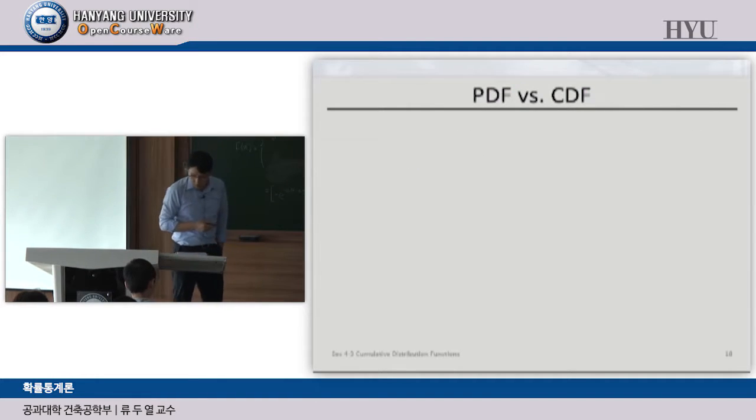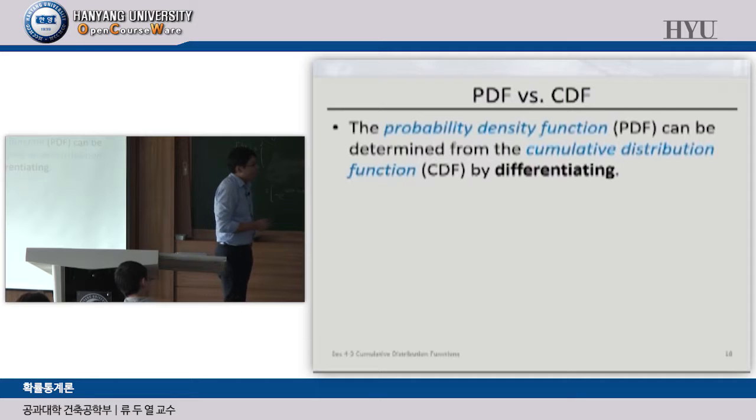And I'm going to explain the relationship between the probability density function and the cumulative distribution function. The probability density function, which is called PDF, can be determined from the cumulative distribution function, which is called CDF, by differentiating, right?